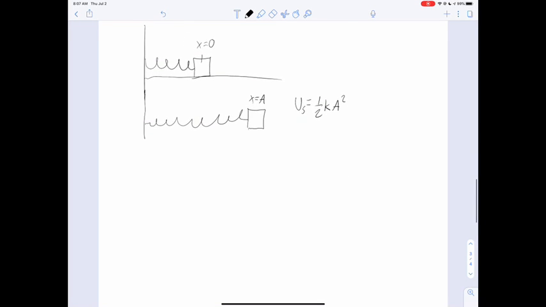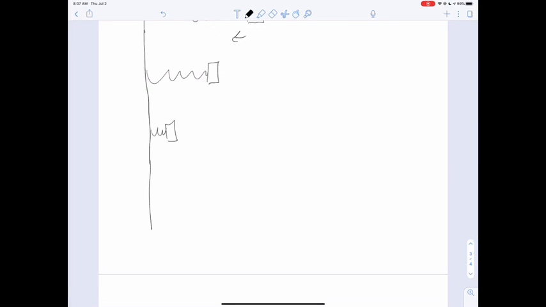So when this block is pulled to A and then released from rest, it's going to shoot back towards the left because there's a restorative force making it go back, and then it's going to reach equilibrium. But because it's going towards the equilibrium with a velocity, it's actually going to overshoot and go to the other amplitude on the other side, negative A. And then when it gets there, because it's compressed, it's going to want to stretch back out.